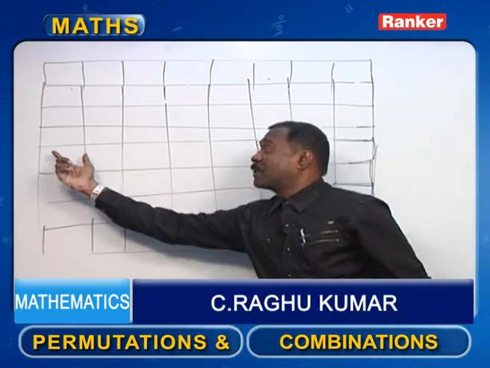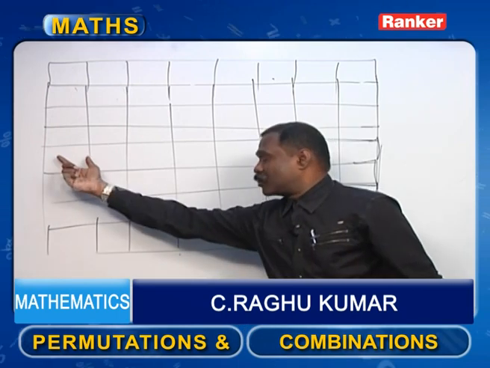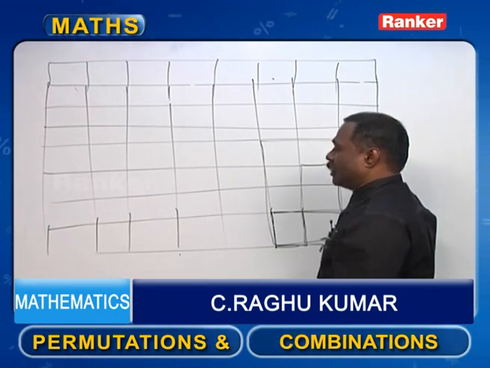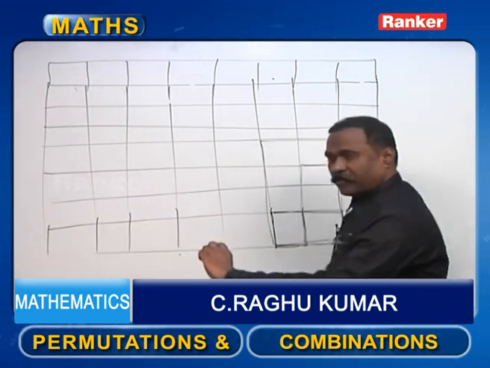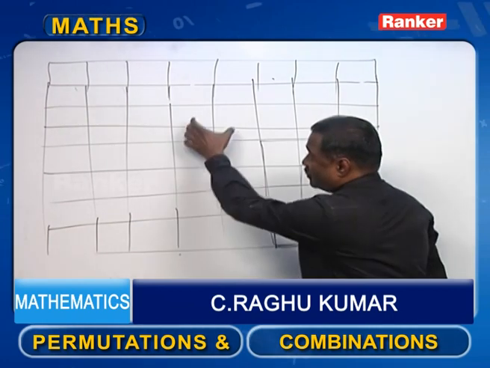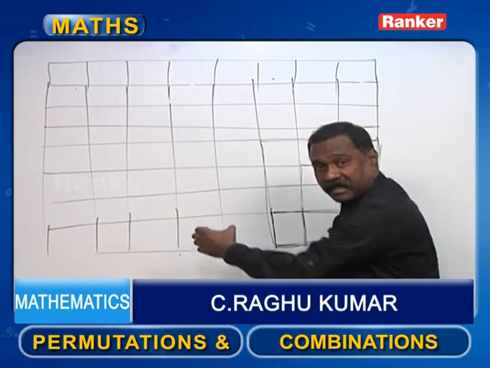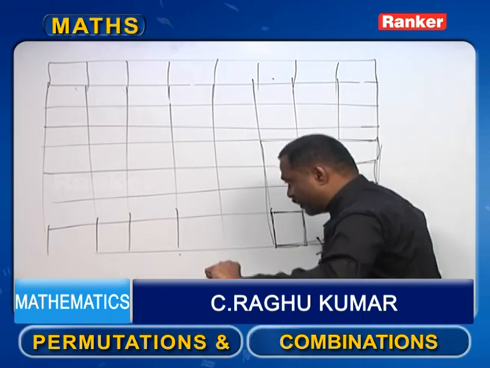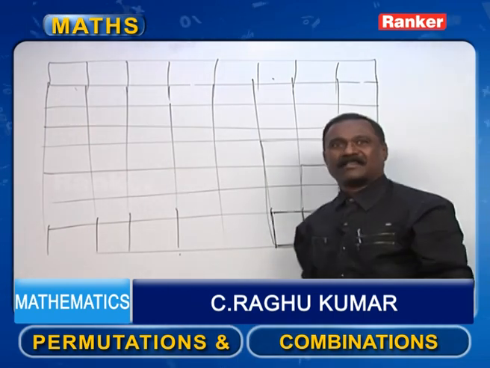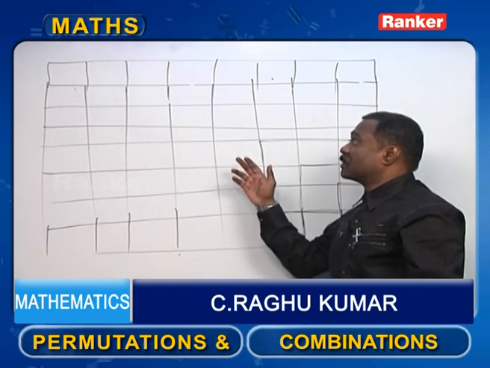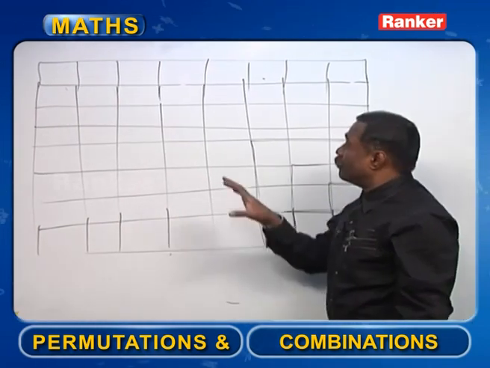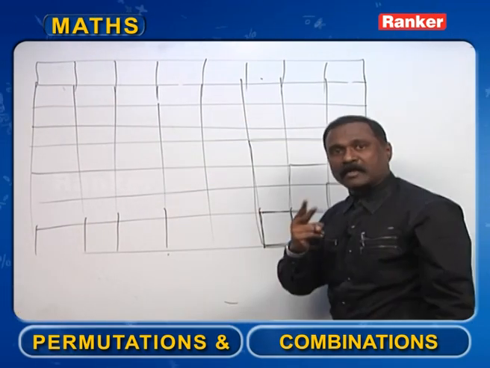And in the second set also, 2 lines will be there. To form the rectangle, 2 lines should be taken from the vertical set, and 2 lines should be taken from the horizontal set. Understand it? From the vertical set, 2 lines to be taken. From the horizontal set, 2 lines to be taken.